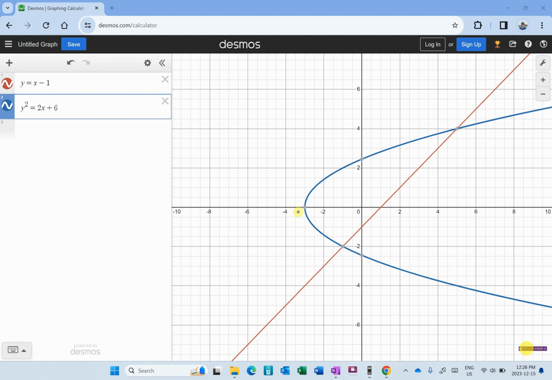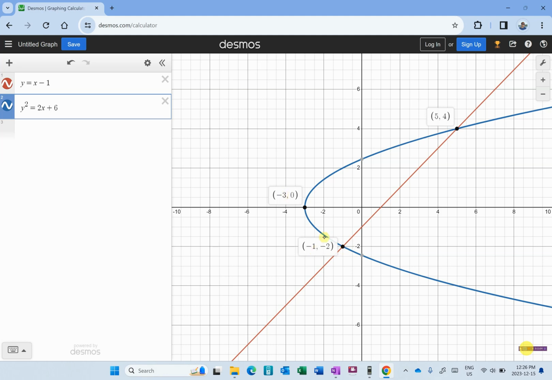Taking a look at this in Desmos, we can see we're going to need to go from -3 all the way up to 5. So that'll be our integral from -3 up to 5. Where this gets a bit tricky is what's the top function and what's the bottom function. Let's see what point this is, up to -1.